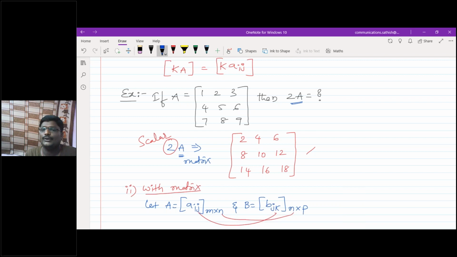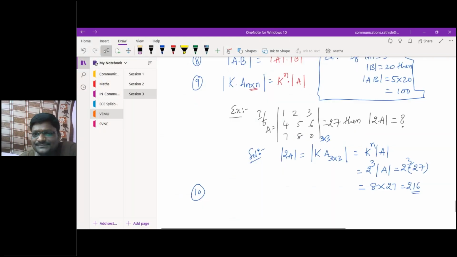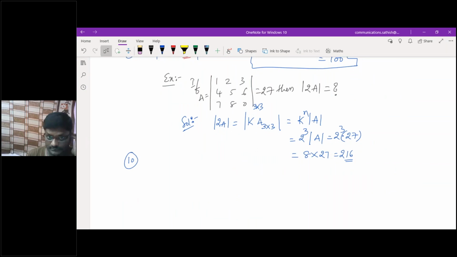In this example, they asked 2 into A, where each and every element is multiplied by K, so K into A. If they asked the determinant for this, first you have to get the determinant of A, then K power n times that, which is the determinant of K into A. I had given this already, not a big deal. Is the doubt clear?